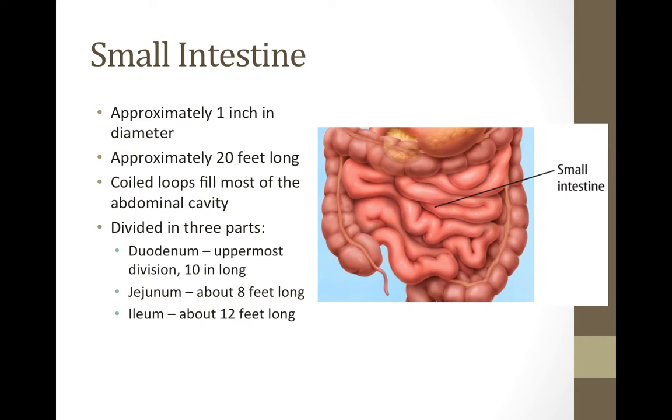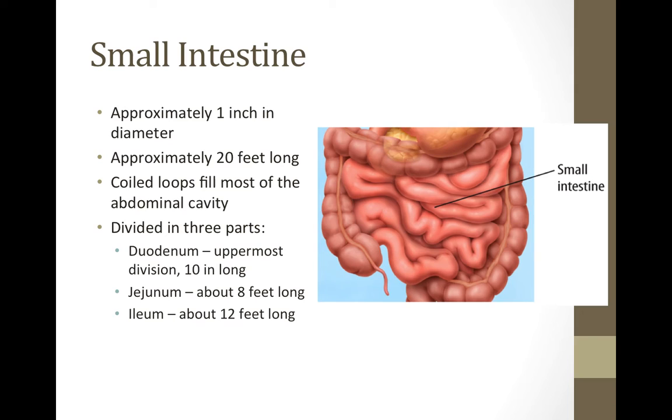Basically, your small intestine fills up most of your abdominal cavity. Okay? And there's 3 portions of the small intestine that are not very easily identified just from looking at the outside of the small intestine, but they have different absorption purposes and digestive purposes.